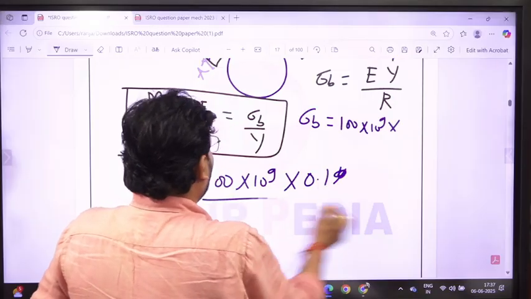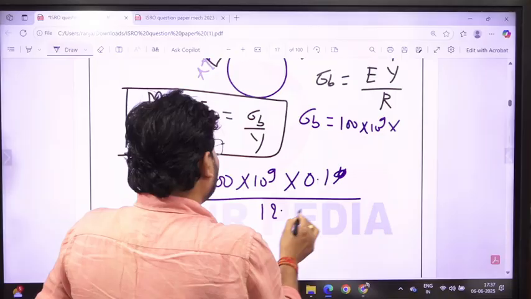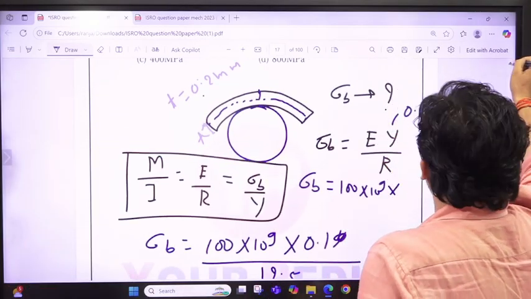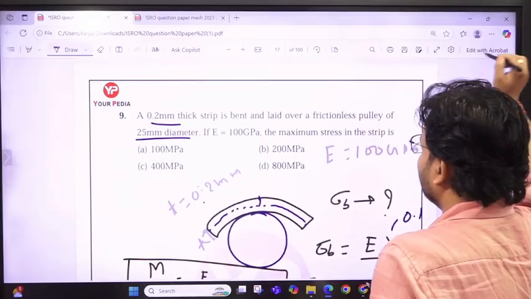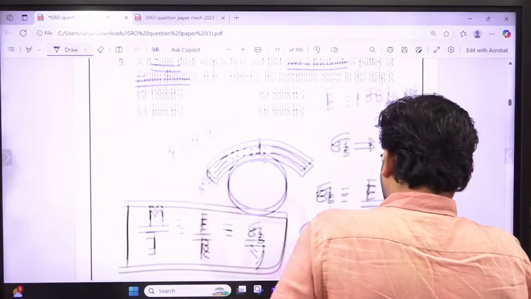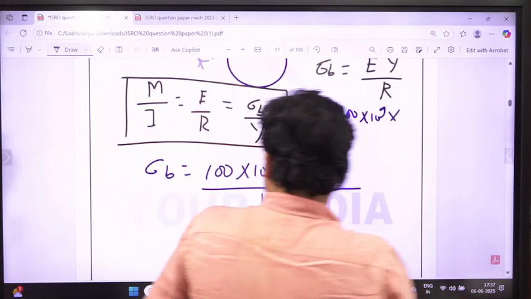R is 12.5, because the diameter is given. Just solve that value, my dear friends.